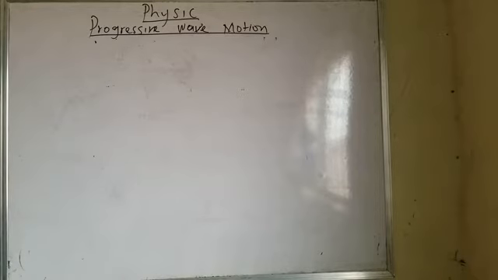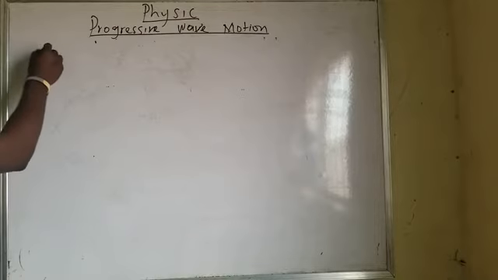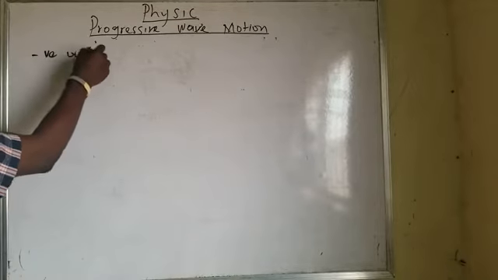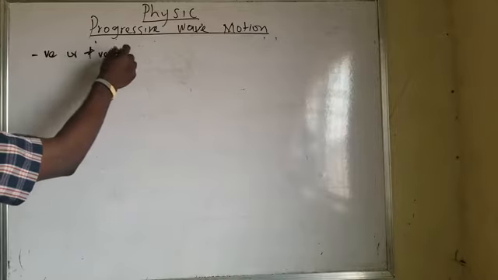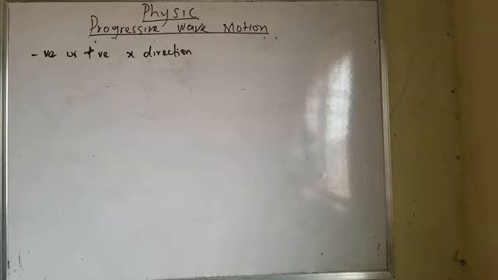The wave can travel in either the positive or negative x direction. Please take note of that. At time t, the displacement of the wave particle can be represented by the following equations.